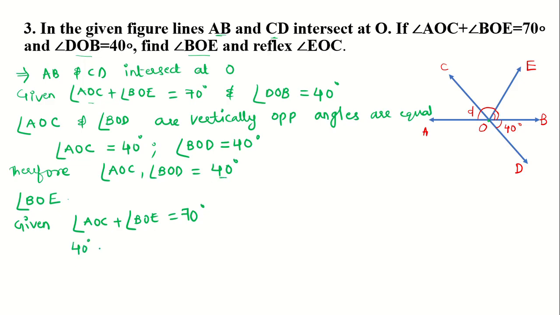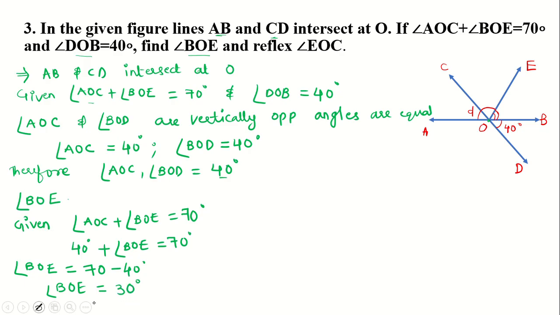Substitute it. 40 degrees plus angle BOE equals 70 degrees. Now, angle BOE equals 70 minus 40, if you take this 40 to the right side. So angle BOE is 30 degrees. We found angle BOE as 30 degrees.